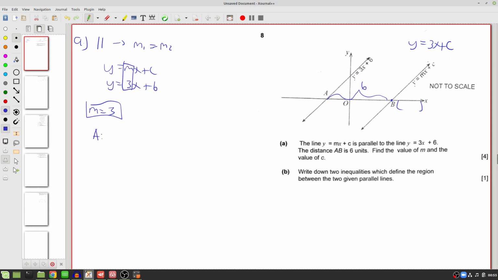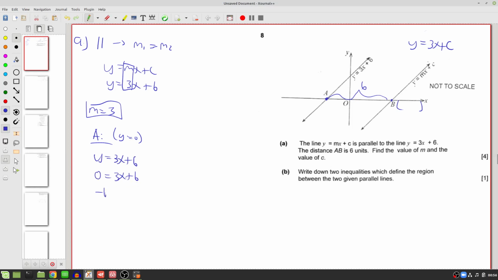How do we find the coordinates of A? Well, what we know about A is the y value is 0 because it's on the x-axis. So for A, we already know y equals 0. And so we can substitute it into this equation to find the x value. So y equals 3x plus 6, and then just make y 0. So 0 equals 3x plus 6.